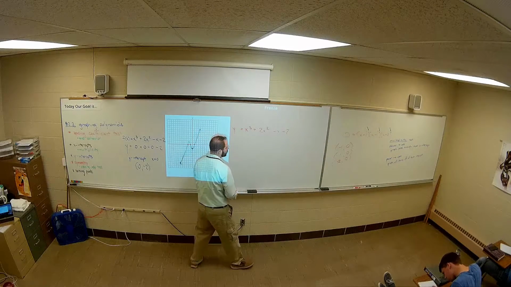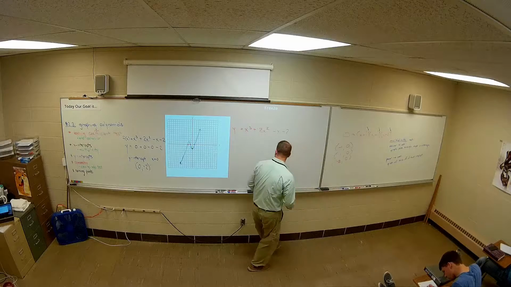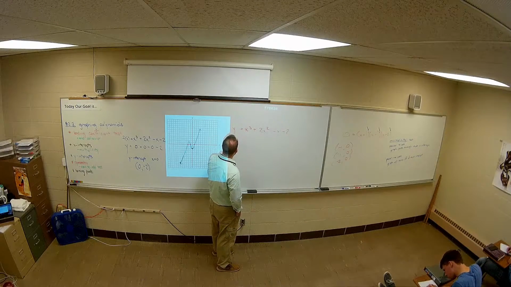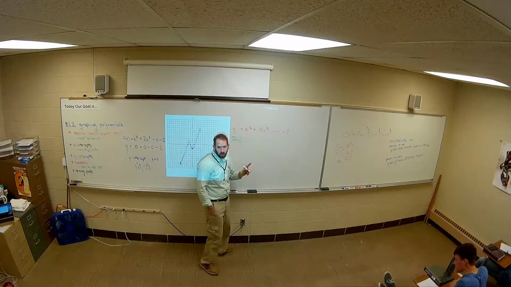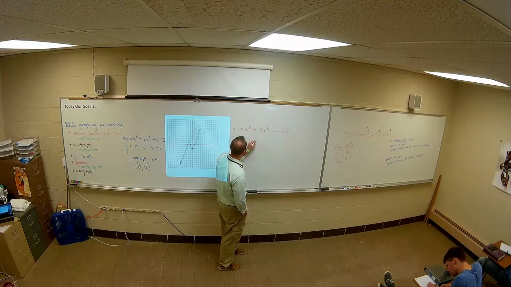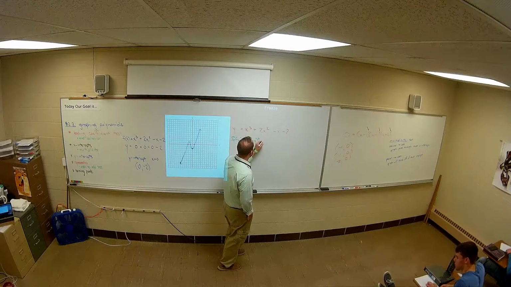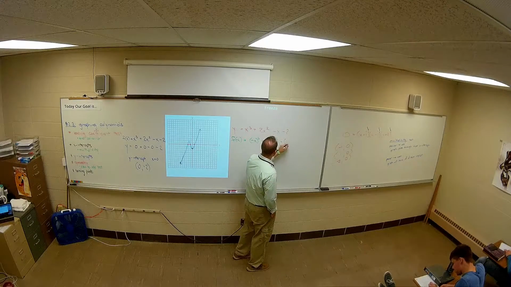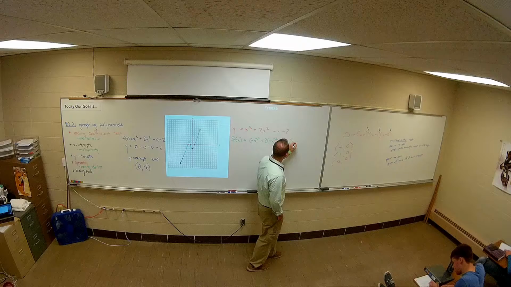Alright, so the test for symmetry, if you don't quite remember it, you take your function, whatever your function is, and instead of just having an x in there, I'm going to plug a negative x in all the x locations. This is my check. So right here, I'm taking negative x cubed, 2 times negative x squared, and negative x, and minus 2.